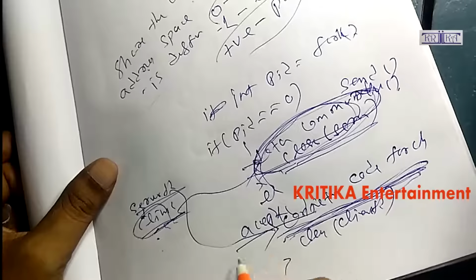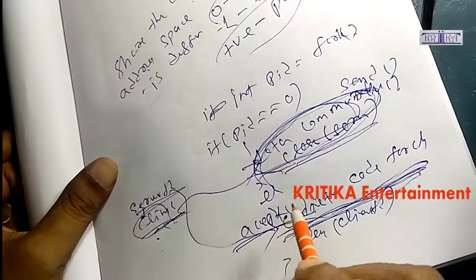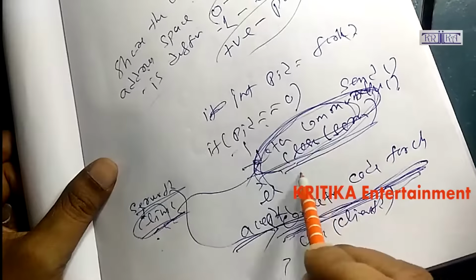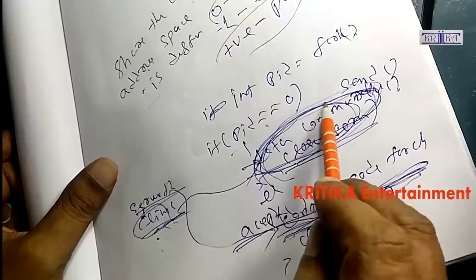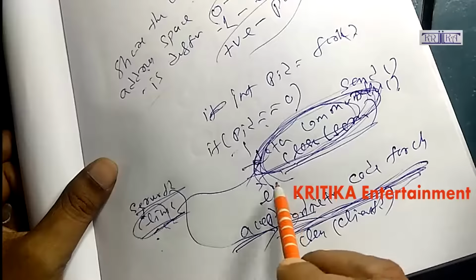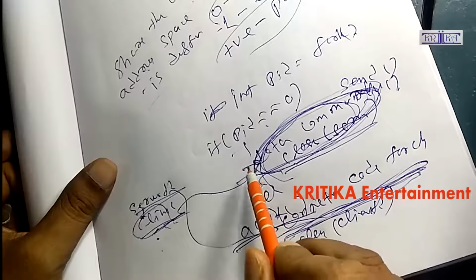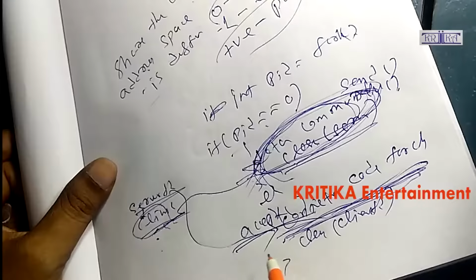In the if equal to 0 part, we use an infinite loop for the data communication requests, and in the else part, we use the accept function.